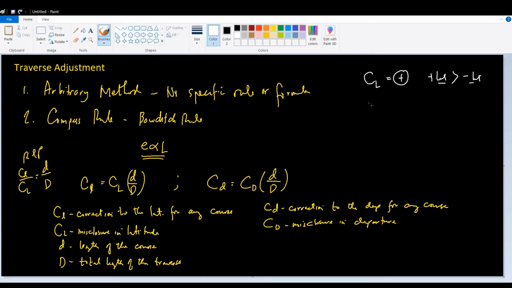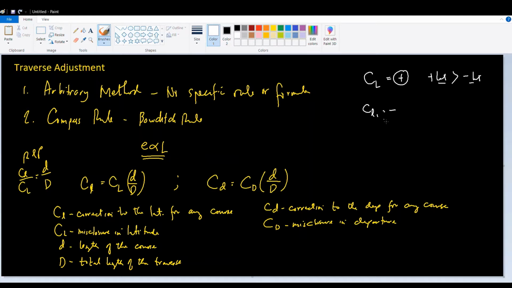So the correction, say C sub L1, will be of opposite sign to the misclosure in latitude. In that way, positive latitudes will diminish in value, while that of negative latitudes will increase negatively.